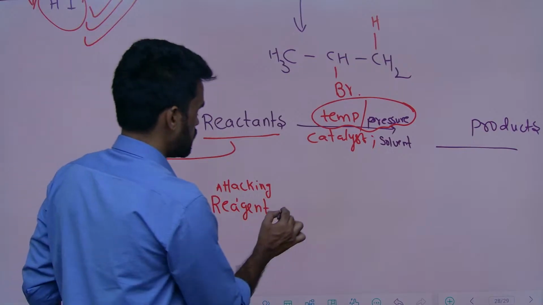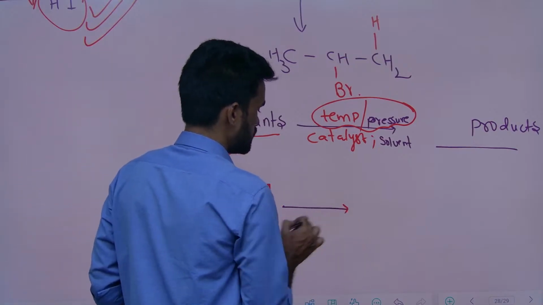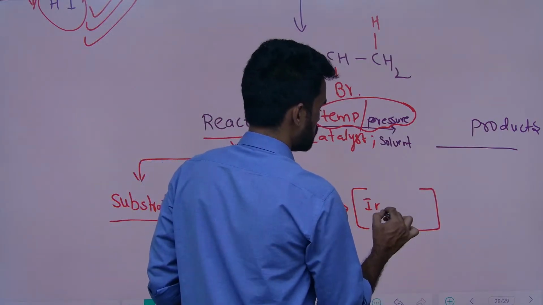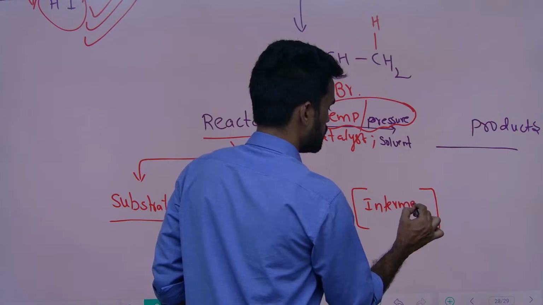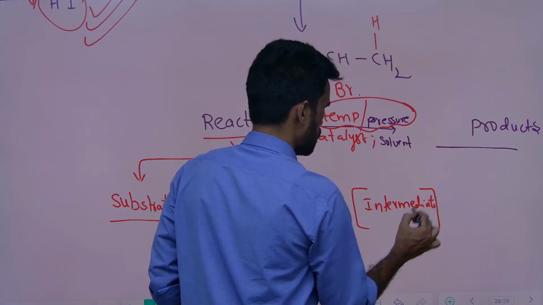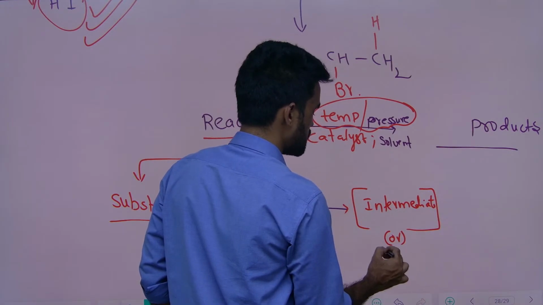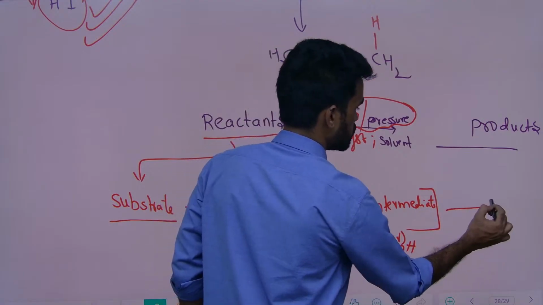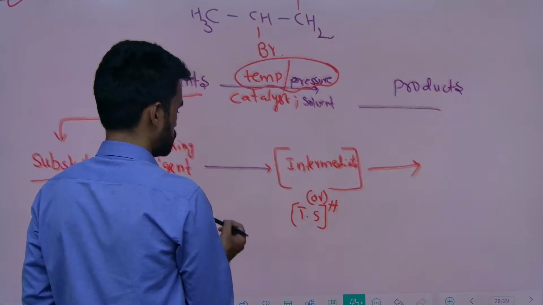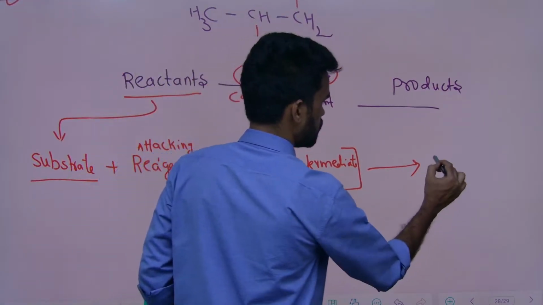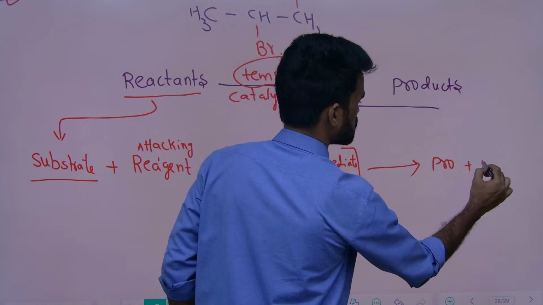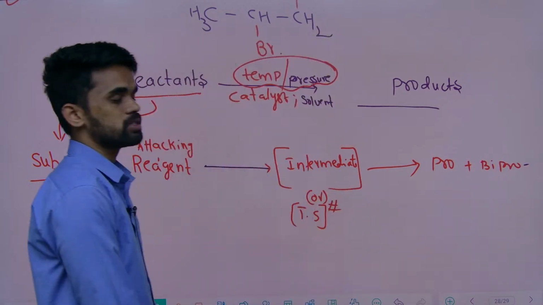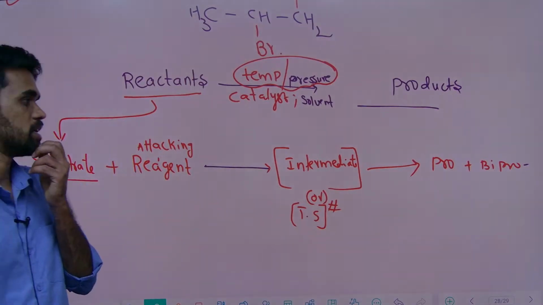Okay, and during the reaction sometimes some intermediates are formed, an intermediate, or we can also say a transition state. Sometimes there is a transition state formation and finally it gives you products. Along with the products, some byproducts are also formed. Like this you can understand.